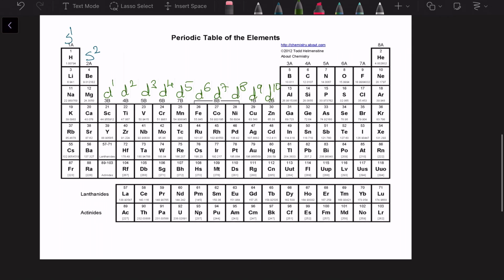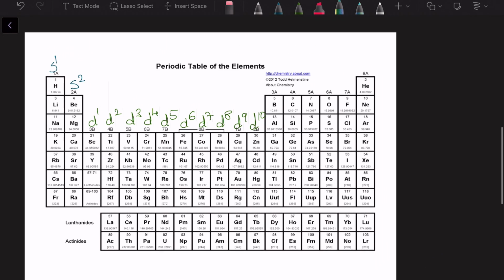And at the end, the chalcogens, pnictogens, halogens are part of the P block. So those would be P1, P2, P3, P4, P5. And from neon down, that would be P6.